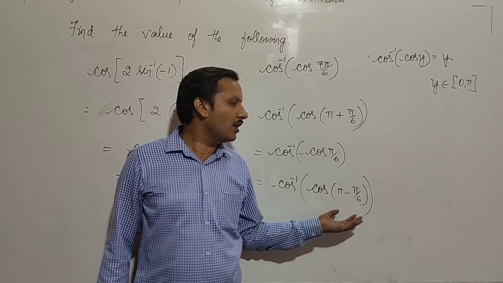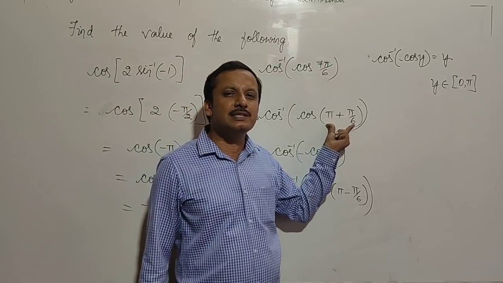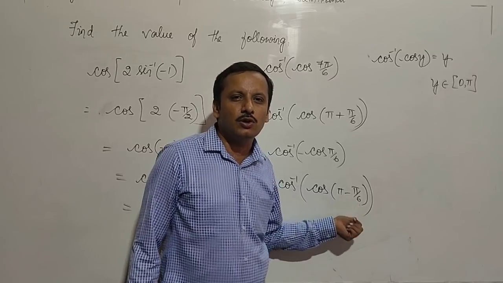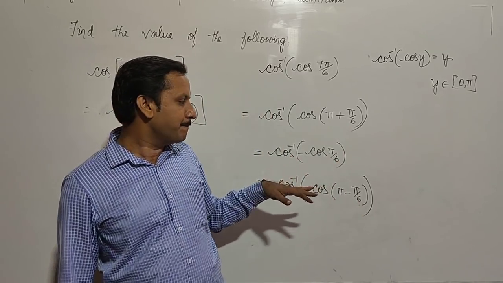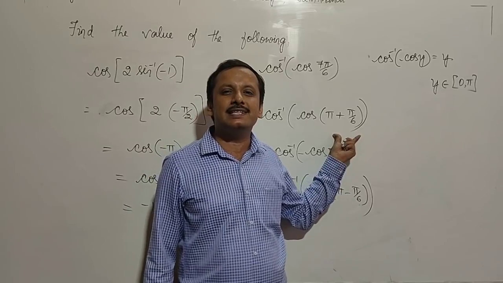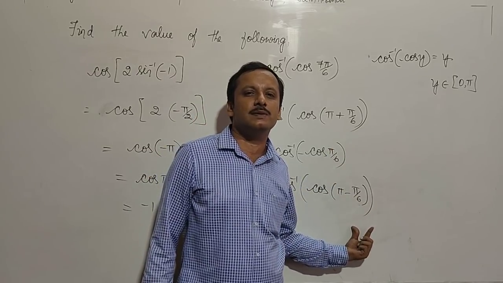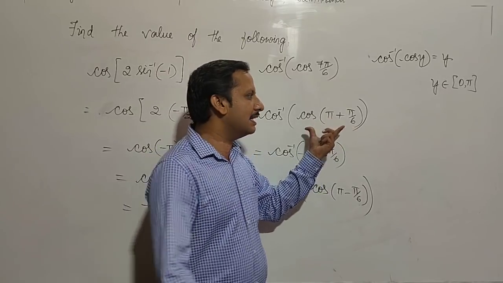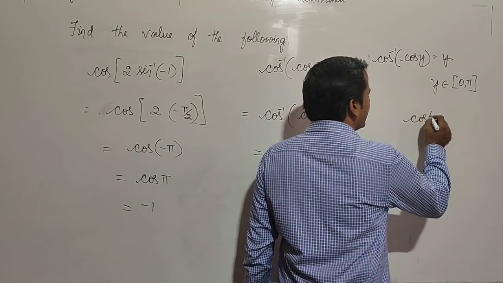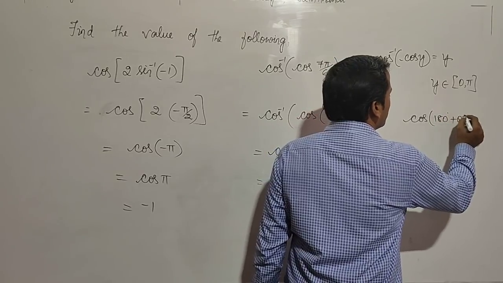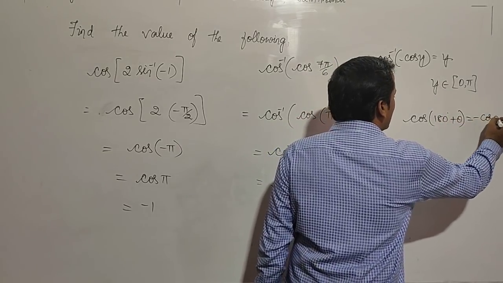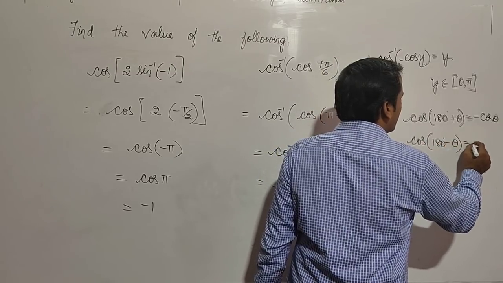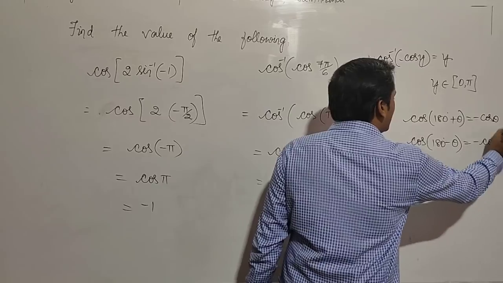Now if you ask me, sir, is pi plus pi by 6 equal to pi minus pi by 6? The answer is no, they are not equal. But cos of pi plus pi by 6 is equal to cos of pi minus pi by 6, because cos 180 degree plus theta is equal to minus cos theta, and cos 180 degree minus theta is also equal to minus cos theta.